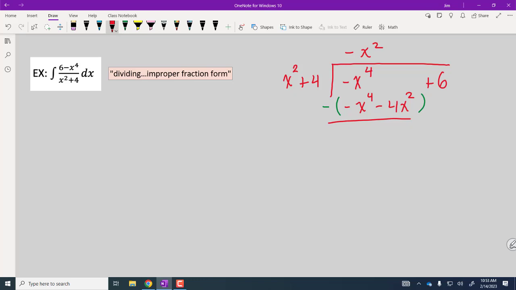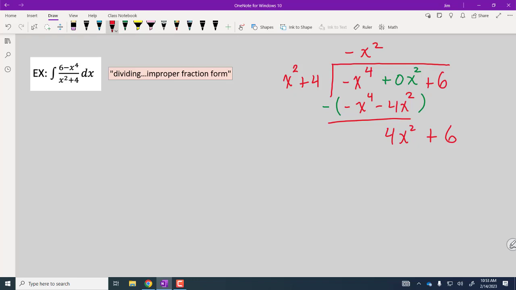So this part cancels. And then up here, if we want a placeholder of 0x squared, we have 0 minus minus, which will make plus. So we'll get 4x squared right here. Drop the 6. We're not done yet because the powers match. You're done when the power here is smaller, so not done yet.